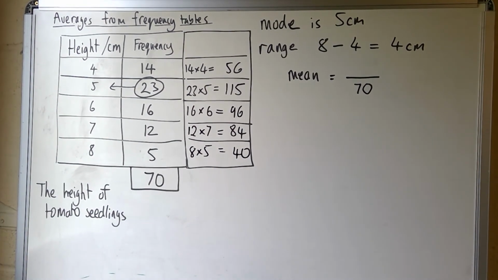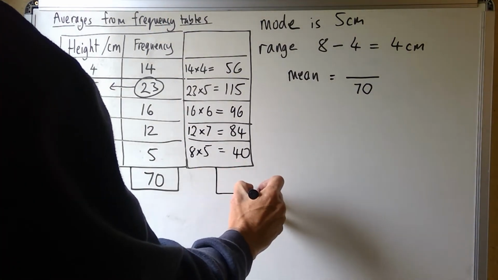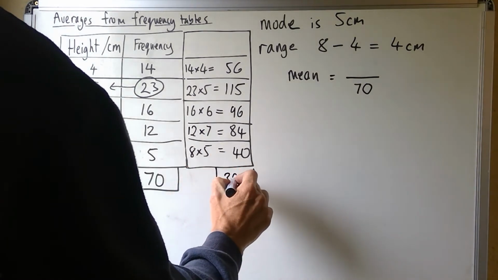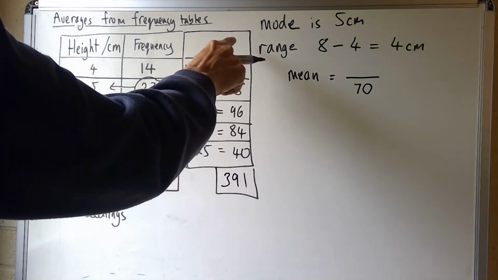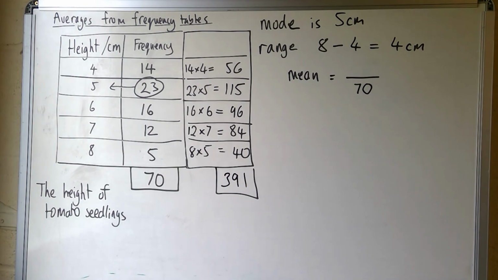Now, very commonly, you'll be allowed a calculator to do this question, so I'm just going to add up this total column quickly. 56 plus 115 plus 96 plus 84 plus 40 equals 391. So that's the total height of all these 70 tomato plants added together.